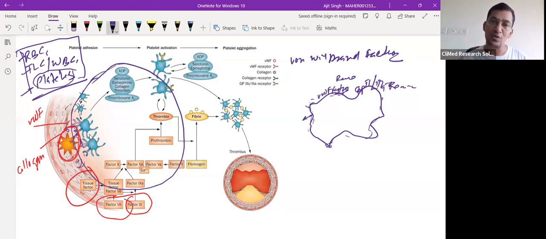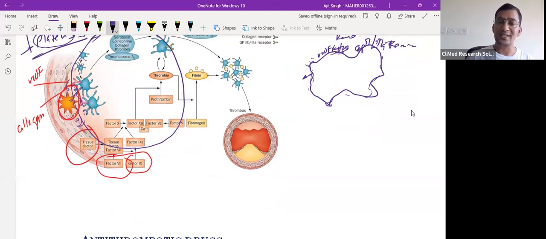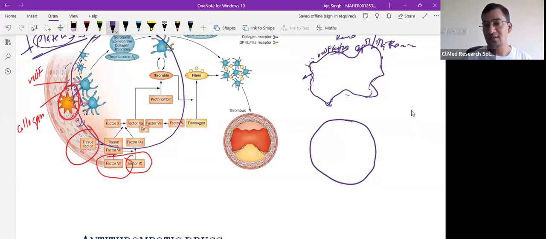All the platelets are coming to the site and aggregating at the site of injury, right? And then slowly the plaque has started forming. Look at this, this is the blood vessel inside. Injury has happened, platelets are coming and getting aggregated.